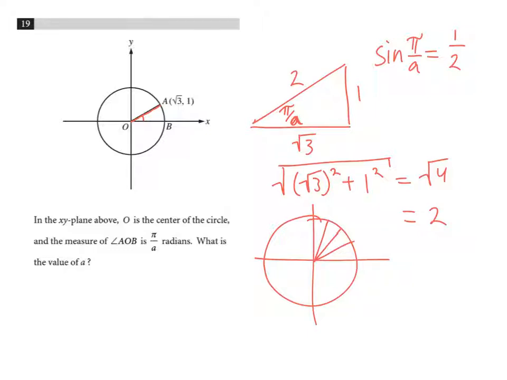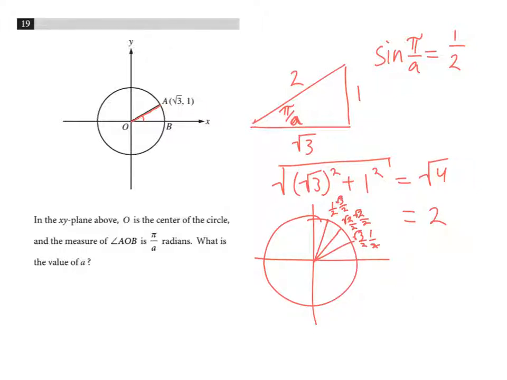But the coordinates for these are going to be 1, 2, 3, and 1, 2, 3. Divide everything by 2, and then take the square root of the numerators.